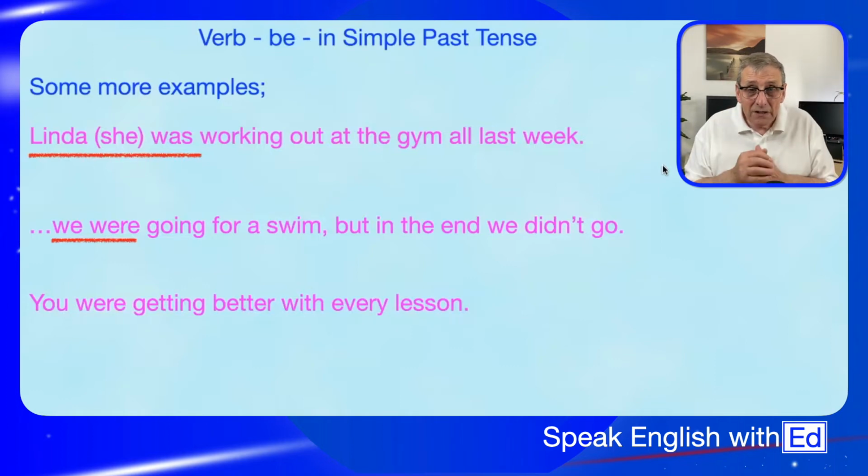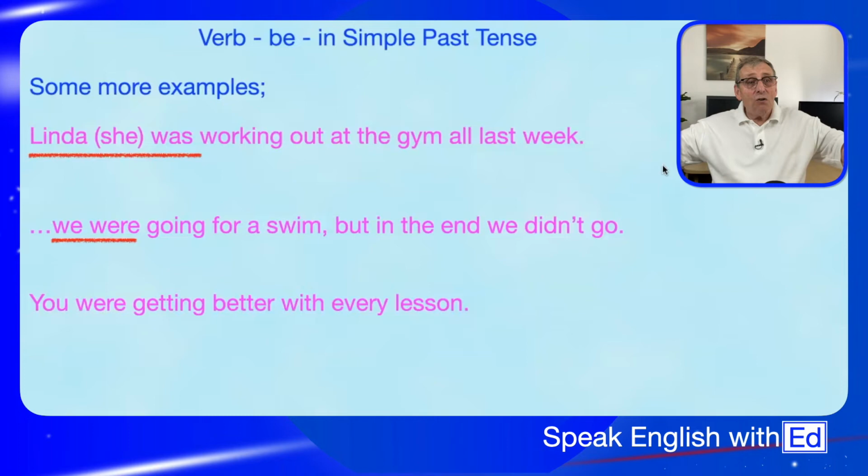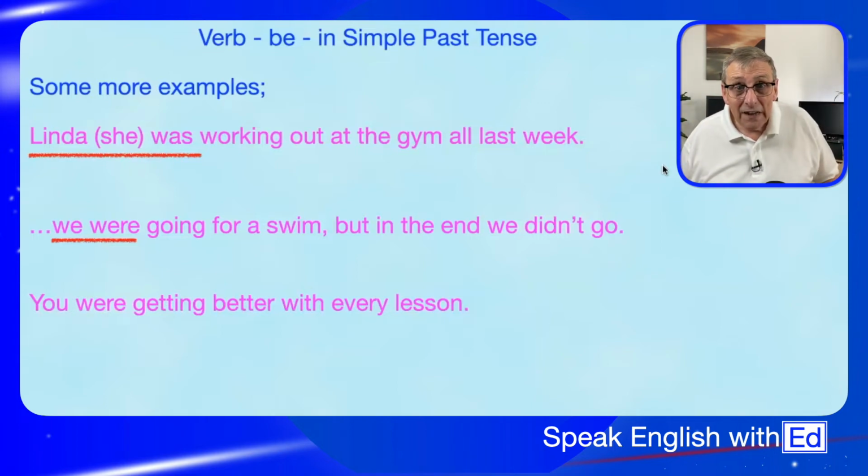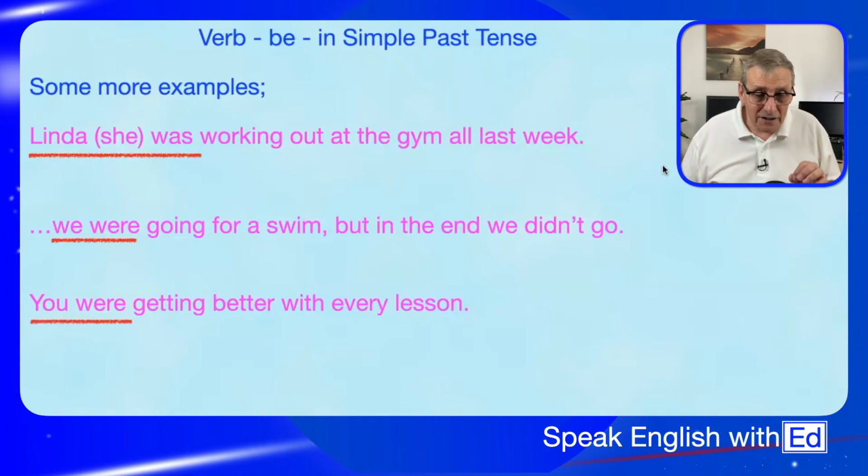Or I could be talking to a whole group of people and saying to everybody, you were getting better with every lesson, so it was worth coming for the lessons because you were improving. It can be used for singular or plural, but we still use the plural verb, which is were. You were getting better with every lesson.